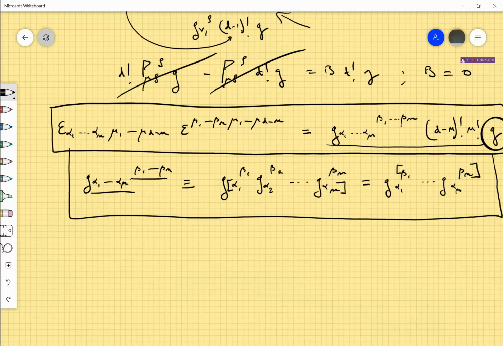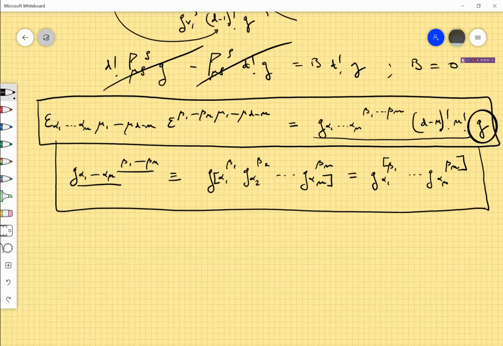Okay, and we have proven that the epsilon symbol is covariant and constant, covariantly constant. You can also prove that with the indices down, this is also covariantly constant, although it is not constant anymore, because we have said that the non-vanishing components are proportional to the determinant of the metric.